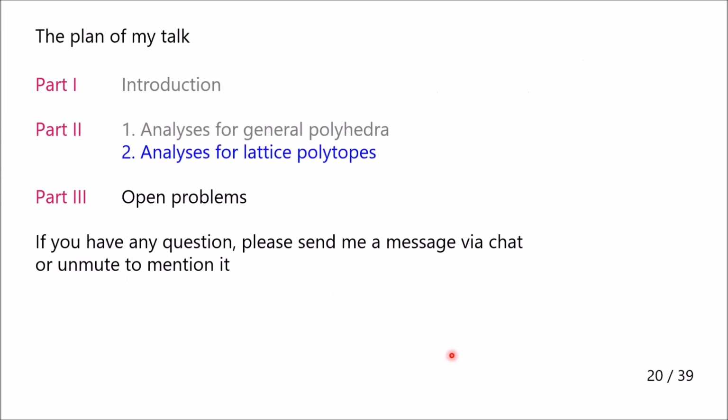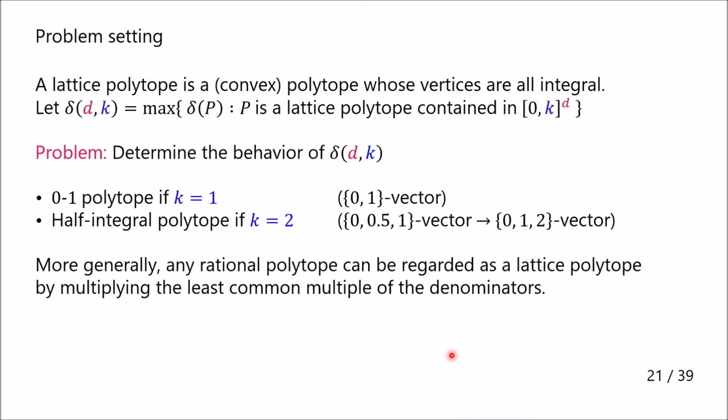Okay. Now let us get into the next part: analysis for lattice polytopes. In this problem setting, we define small delta d,k to be the maximum possible diameter of a lattice polytope contained in this cube. So d and k are the parameters.